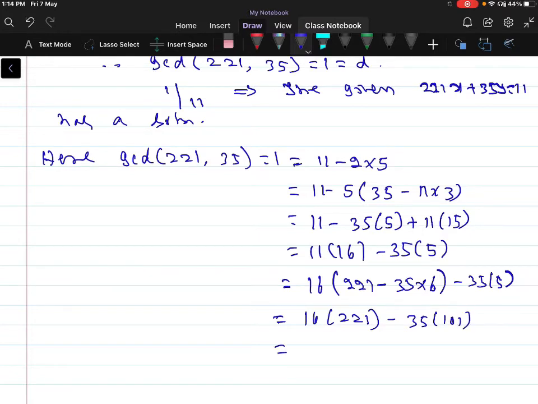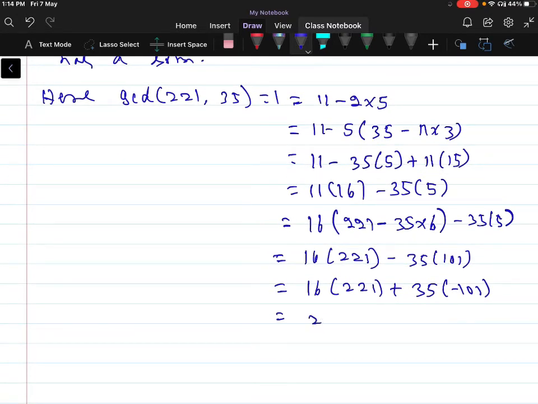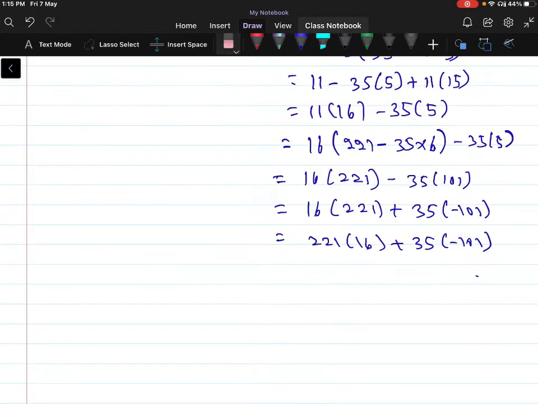So this is equal to 16 into 221 plus 35 into minus 101. This implies 1 is equal to 221 into 16 plus 35 into minus 101.